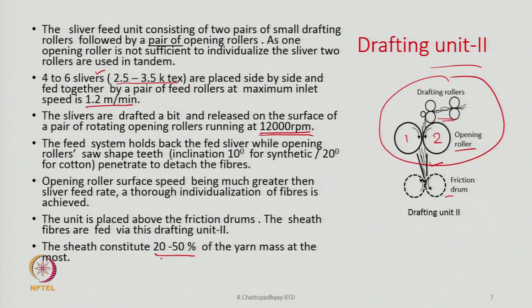And the sheath fibers could be varied between 20 to 50% of the yarn mass. So, anything between 20 to 50% could be part of the sheath, and the rest is core. That kind of variation is possible.